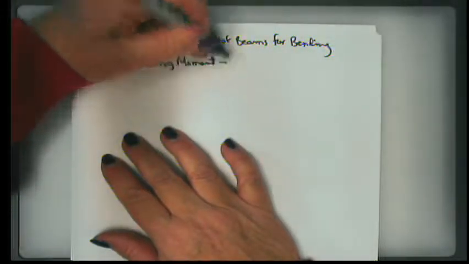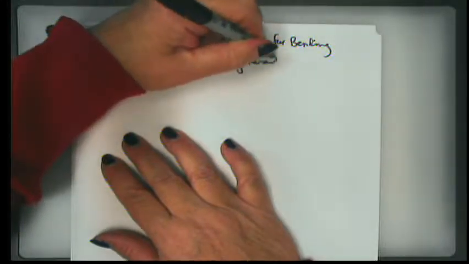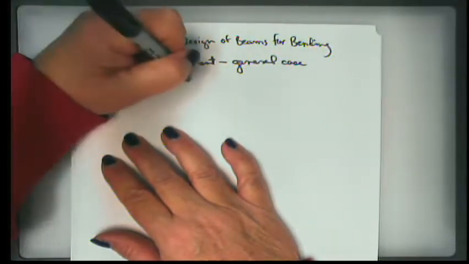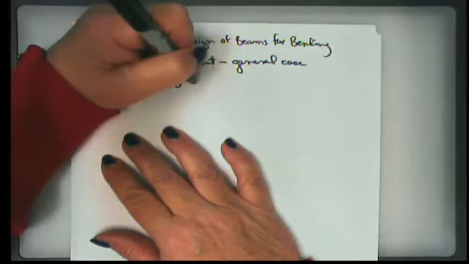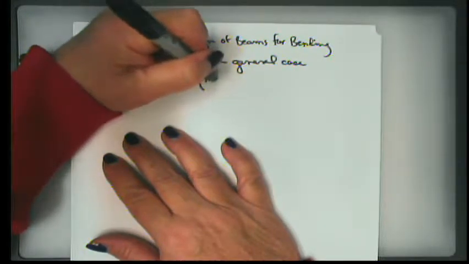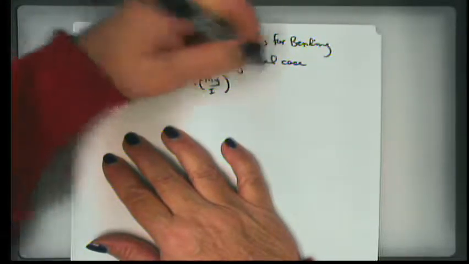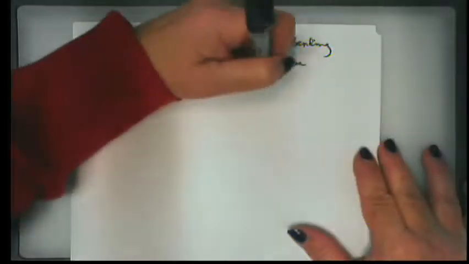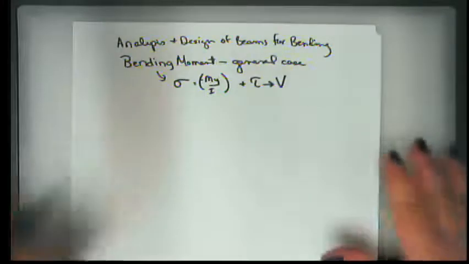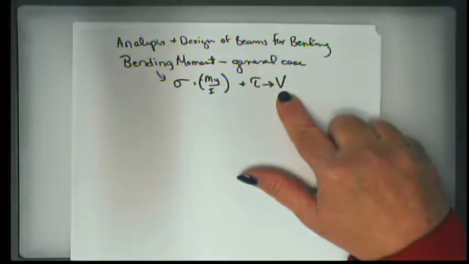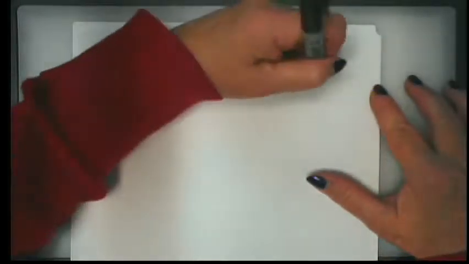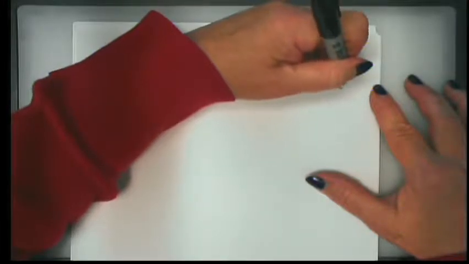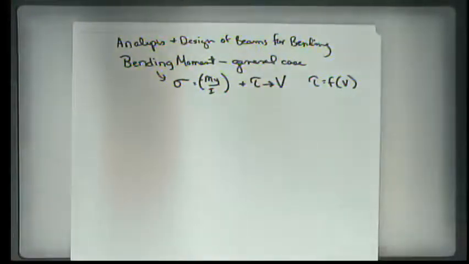However, now we are going to talk about the more general case where the bending moment will result in both a sigma, somewhere in the amount of My over I, or negative My over I, but also now we're going to produce some tau, although right now all we're going to talk about is the load V, which at some point we're going to develop tau, not tau average, but tau specifically as a function of that vertical load.